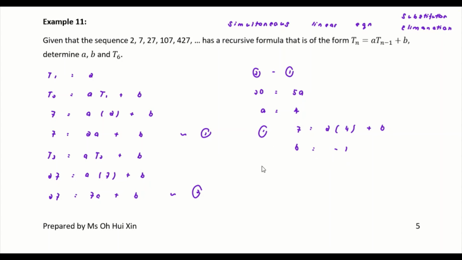Let's rewrite the recursive equation. Tn equals 4 times Tn minus 1, and B is -1, so minus 1. That's the idea. Now for T6, you already have 1, 2, 3, 4, 5 terms. We can straight away solve for T6, which is equal to 4 times T5 minus 1. T5 is given as 427, so 4 times 427 minus 1.